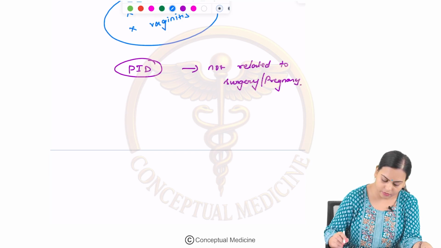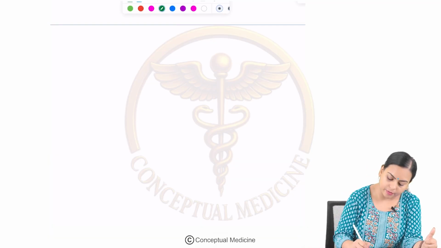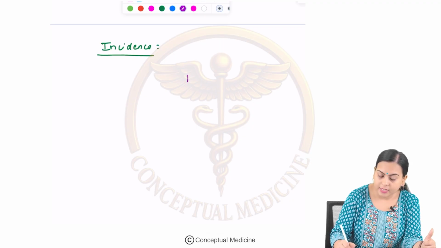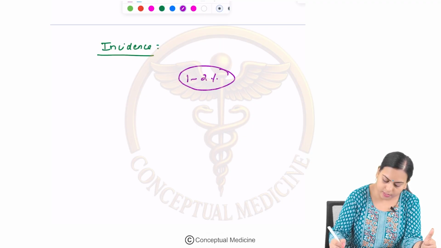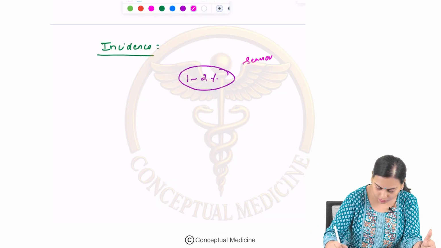Clear? Right. If you ask me about the incidence of pelvic inflammatory disease, it most commonly varies between 1 to 2% every year and is mostly seen in women who are sexually active.